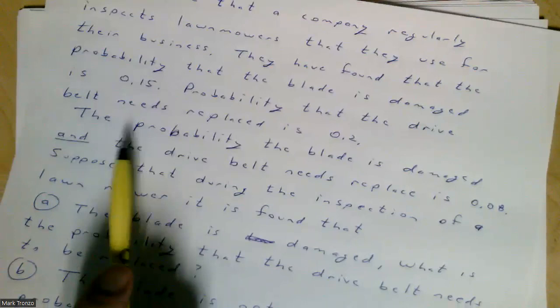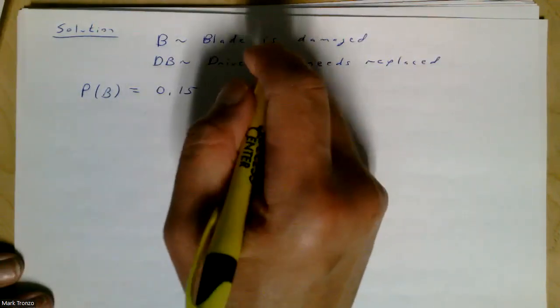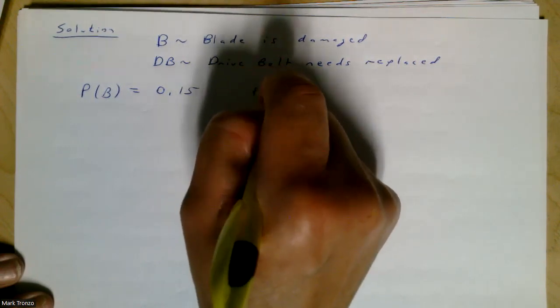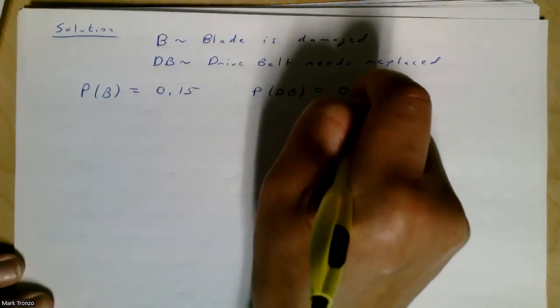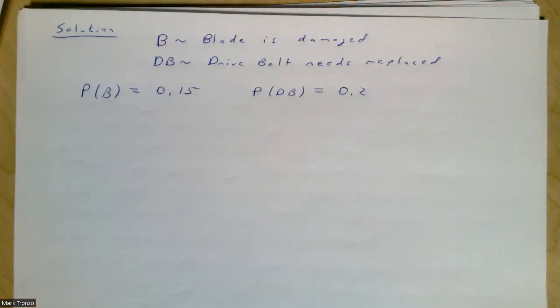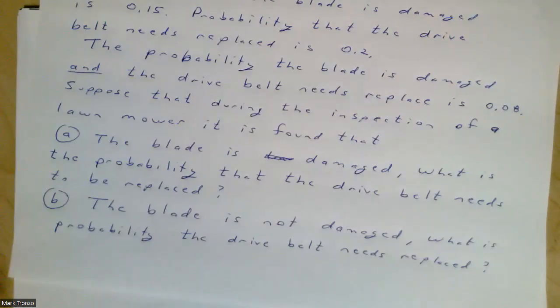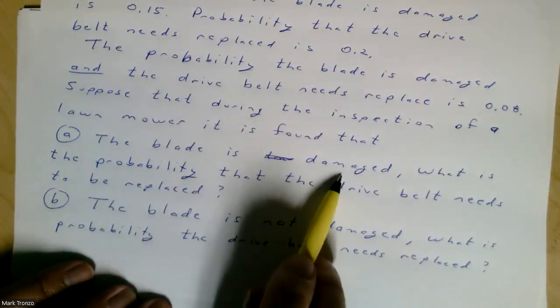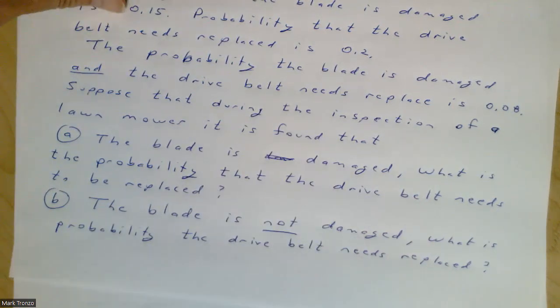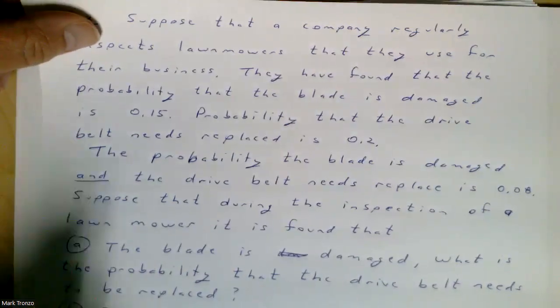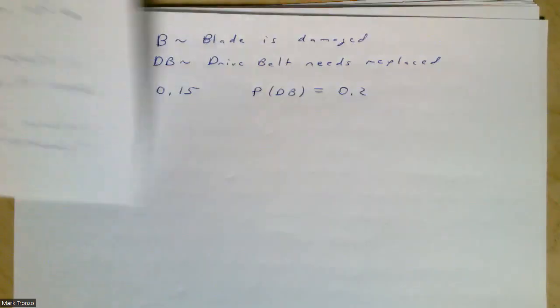And the probability that the belt needs replaced is 0.2. Again, since this is sort of like a complement type problem, because we have the case where the blade is damaged and it's not damaged, we can write down the other related probabilities.